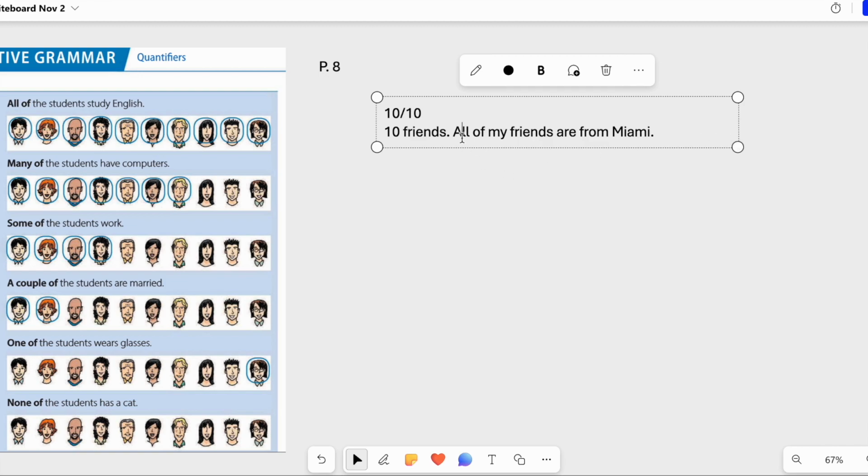That means all. My 10 friends are from Miami. So that's when we use all.